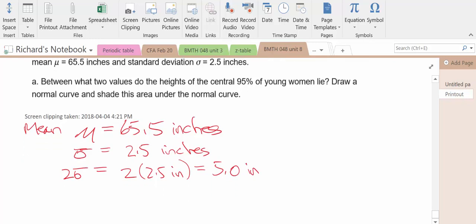So now, if we're looking for what two values 95% of the height data lies between, 95% of the data will lie between 2 standard deviations above the mean and 2 standard deviations below the mean. So what I've got to calculate is below the mean and above the mean.